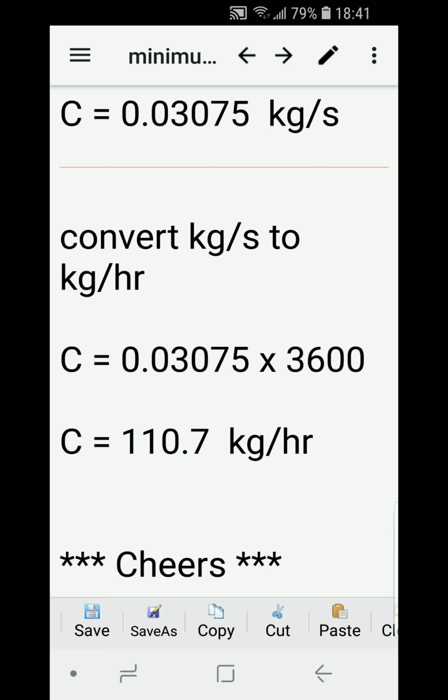So now we get C is equal to 0.03075 times 3600, because 3600 seconds is equal to 1 hour. So now we got C is equal to 110.7 kilograms per hour. And that is our final answer.